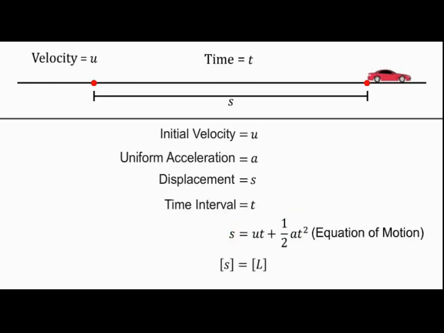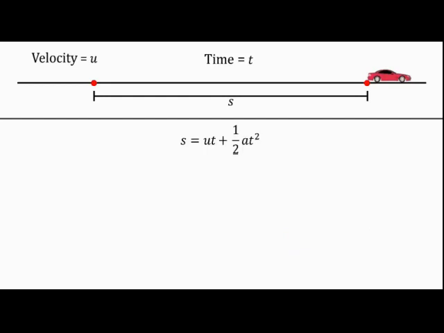On the right-hand side of the equation, we have 2 terms, each involving the product of 2 different quantities. The first is ut and the second is half at square. When the magnitudes of 2 or more physical quantities are multiplied, their dimensions are also treated in the same manner as done with ordinary algebraic symbols.